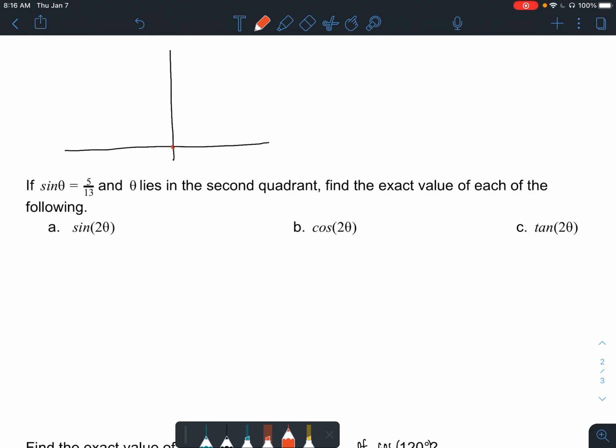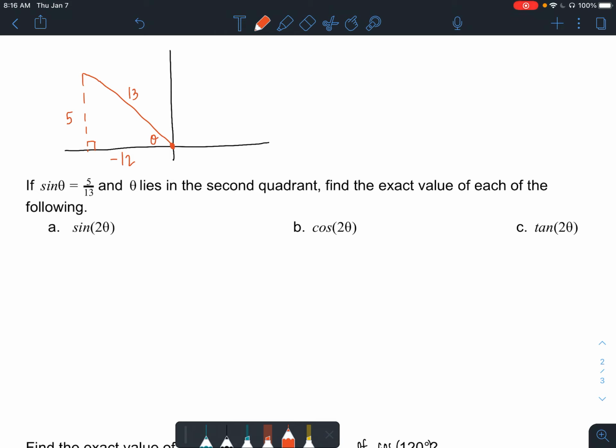Here, just draw an angle, drop down that side so you have a right triangle. Here's theta. Sine is 5/13, making this side over here -12 using the Pythagorean triple.